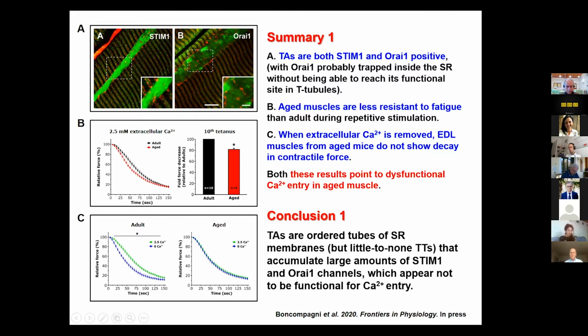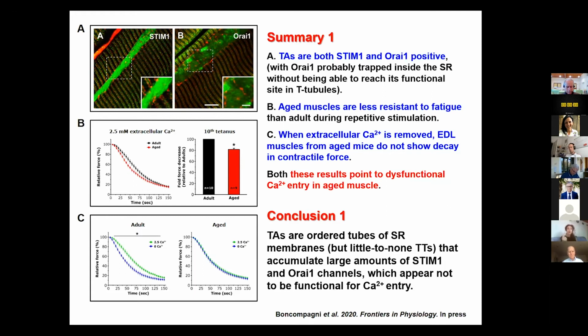Altogether, these results seem to suggest that the TAs are ordered tubes of SR membranes that accumulate large amounts of STIM1 and Orai1, which are apparently not functional for calcium entry. So what did we do next? We know that SOCE in muscle is very important to limit fatigue.